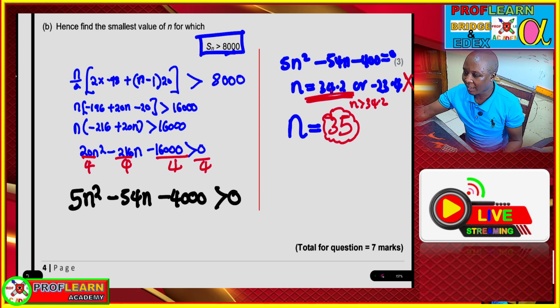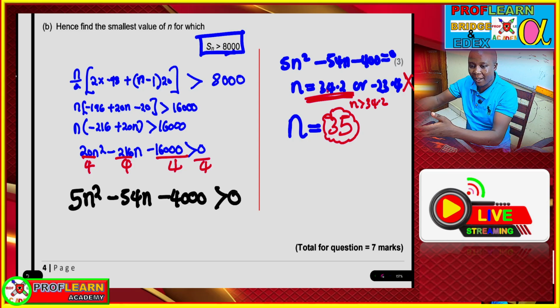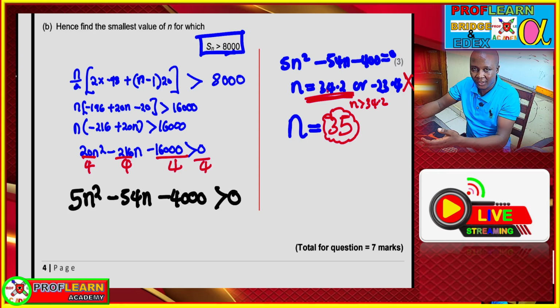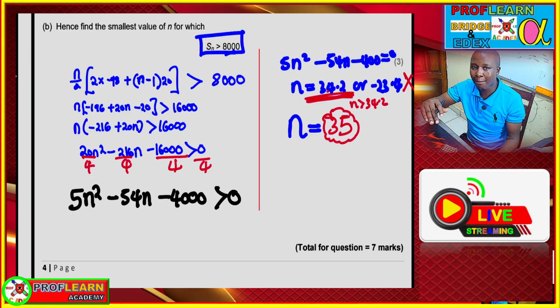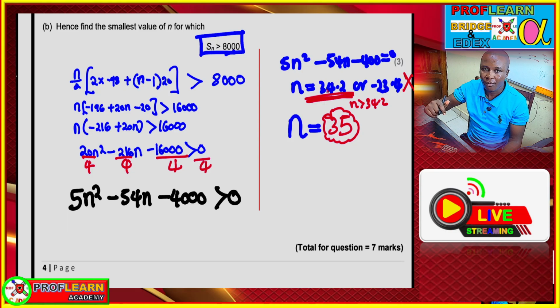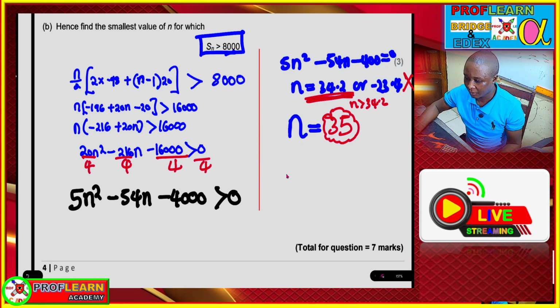Then we remain with 34.2. We are talking of the number of terms, an integer, so it means we cannot take 34.2. We take the number above 34.2, which is going to be 35.